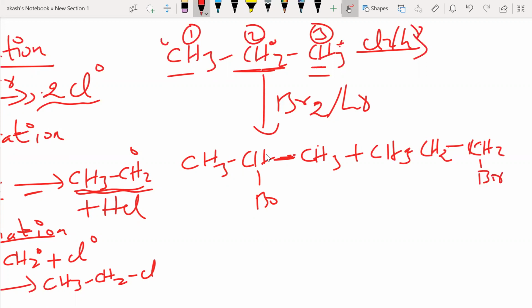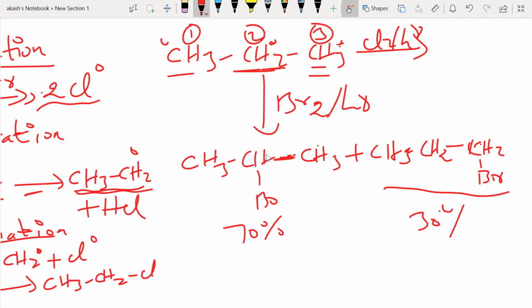So these two are the possible products. Same goes here also, right? But when you look at the percentages, it's not like this is not going to get formed at all, but the major product is going to be this. I would say this is 70%, and this is 30%.